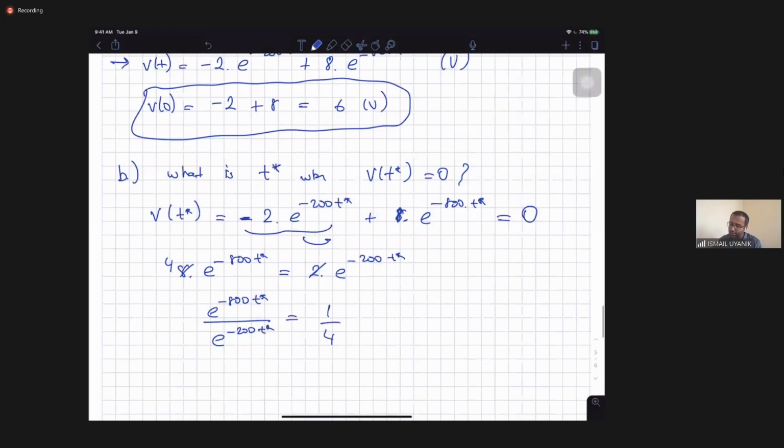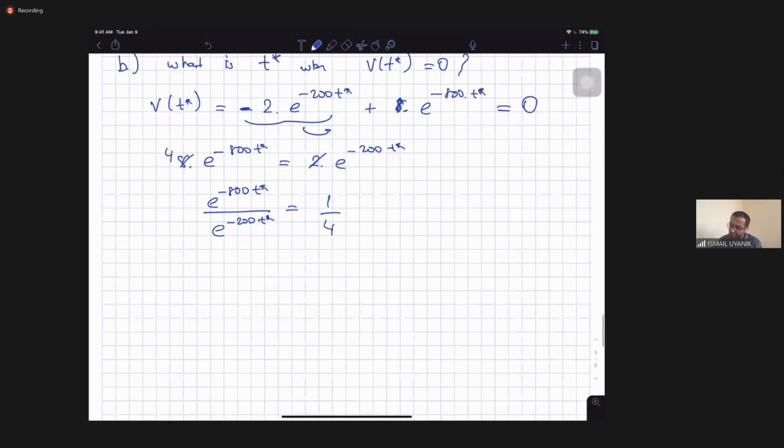Is this going okay up to now? Yeah, I think so. Okay. Then this division will be just a subtraction of the powers. So that will be e to the minus 600 t star, which is equal to 0.25. That is just how we go.